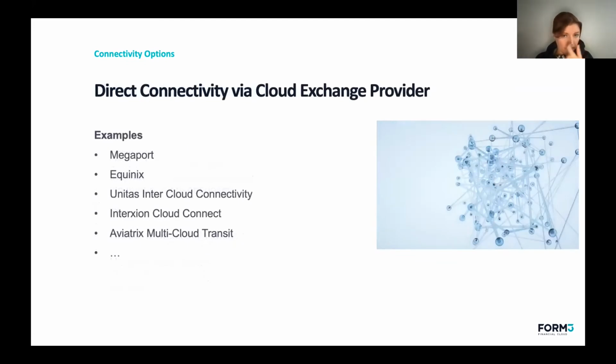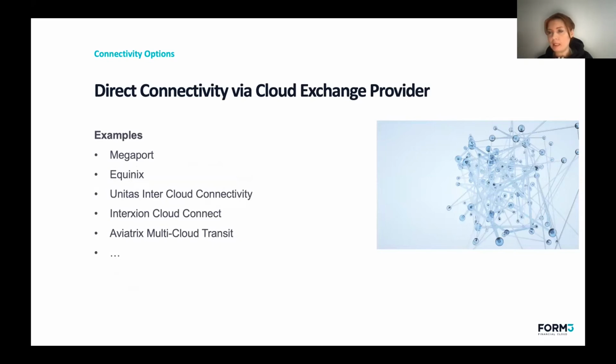With direct connectivity via a cloud exchange provider, we did our research and found a couple of viable companies for us, namely Megaport, Equinix, Unitas, Aviatrix, and there are many more out there.